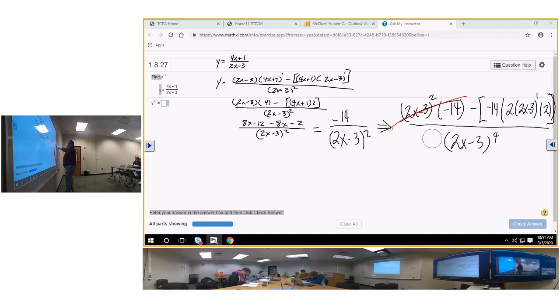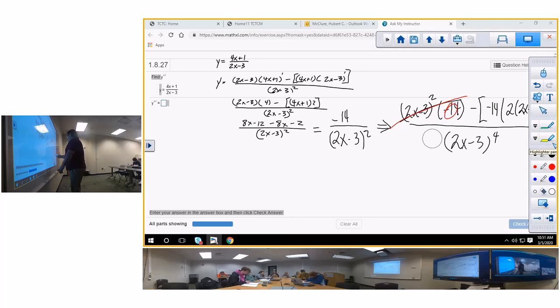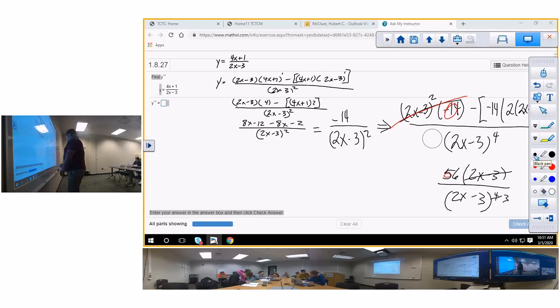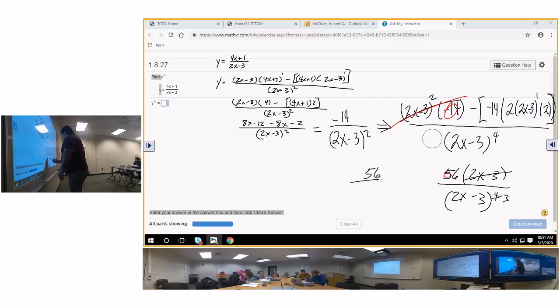Because what's the derivative of negative 14? 0. So that's why the first part goes out. 4 times 14 is what? 56? Somebody check me. And that should be a positive 56. So that should be 56 times (2x minus 3) over (2x minus 3) raised to the 4th power. That cancels and make that a 3. So the second derivative should be 56 over (2x minus 3) raised to the 3rd power.